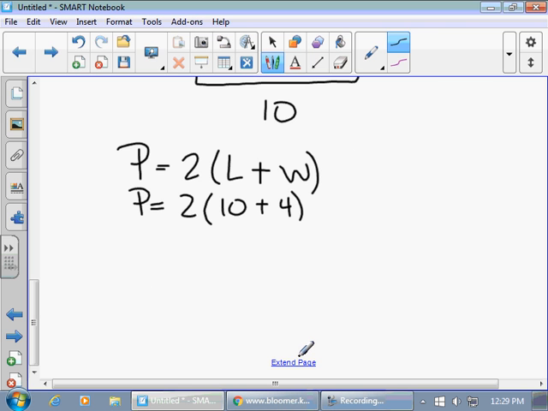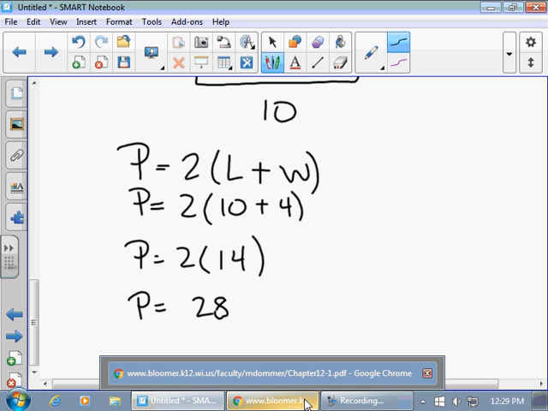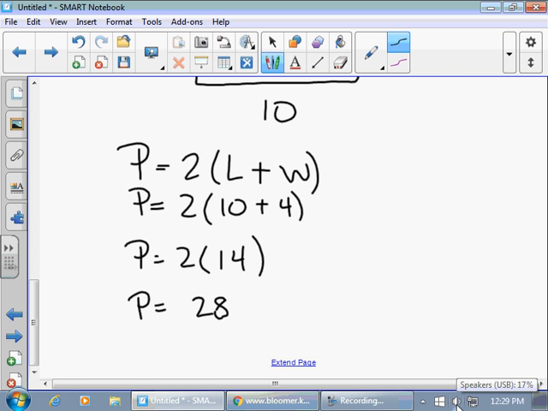Now, using correct order of operations, what do you do first? You do what's in parentheses, so you're going to add these. So I would get 2 times 14. And then the next order of operations tells me I'm going to have to multiply. So we're still going to get the same thing whether we use the formula or just add all 4 sides. It wouldn't matter.